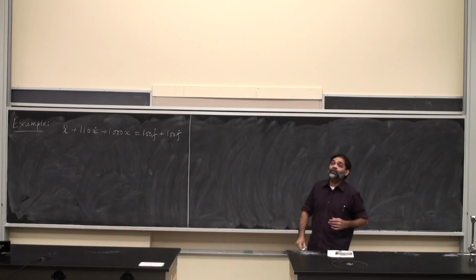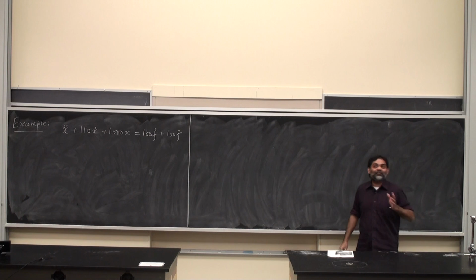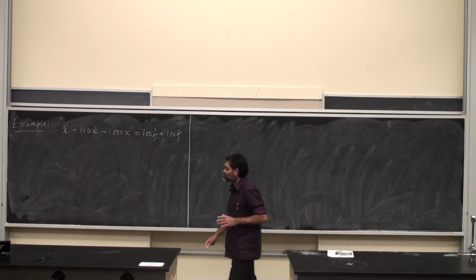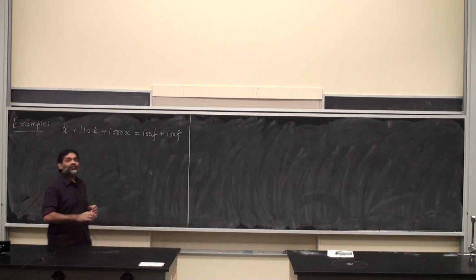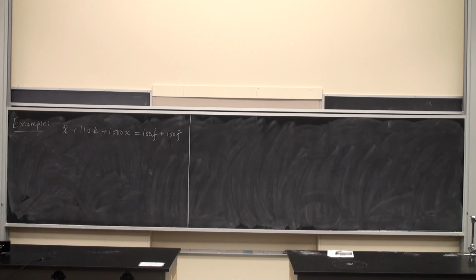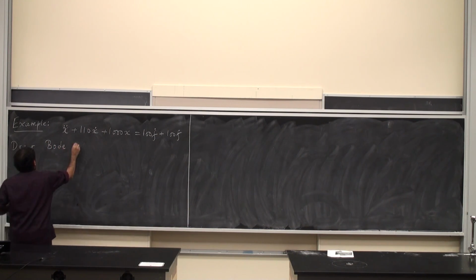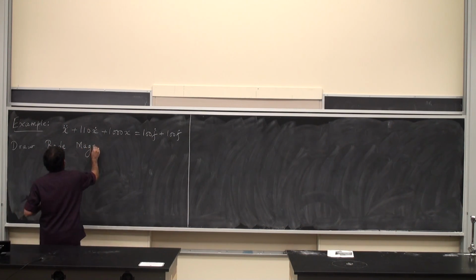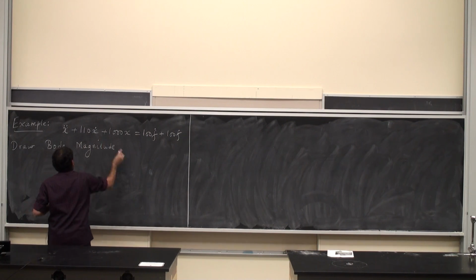We have to draw the Bode magnitude plot. As I said, we are not interested in the phase plot because as a mechanical engineer, it holds very little glamour for us. But the magnitude plot tells a lot about the response of the system to ranges of excitation frequency. Okay? So, draw the Bode magnitude plot.